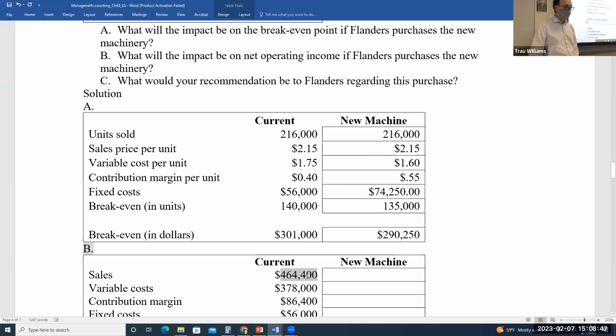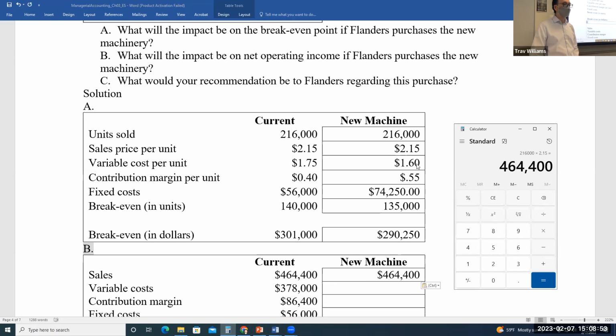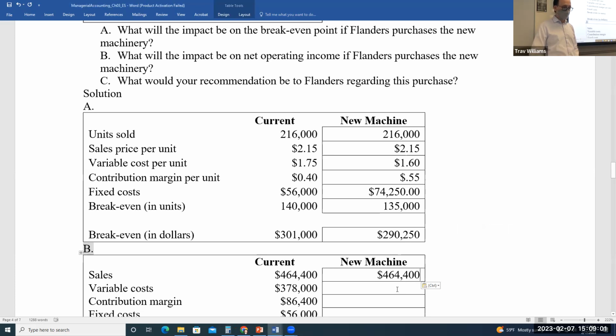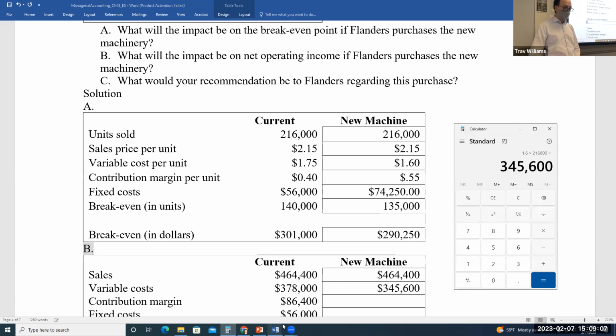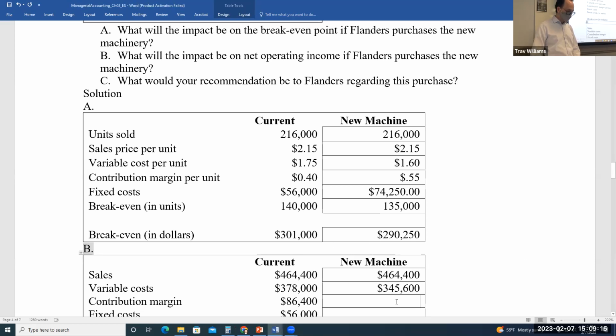All right, although our variable costs did change, so our new variable cost per unit is $1.60 times the 216,000 units, 345,600. We'll subtract that from sales. 118,800. Does that look right to everybody?